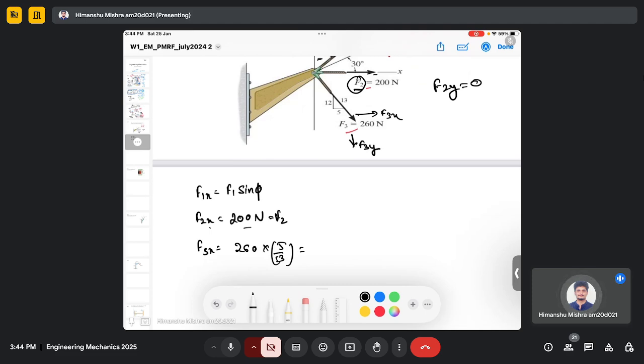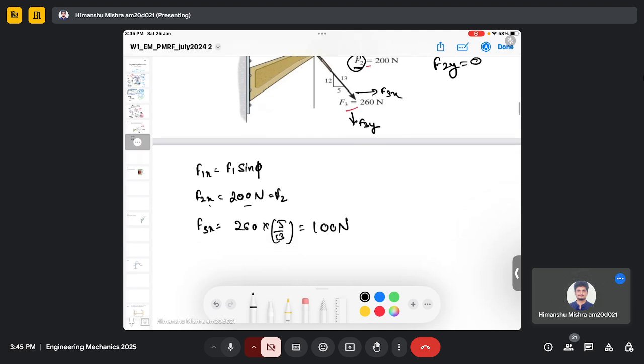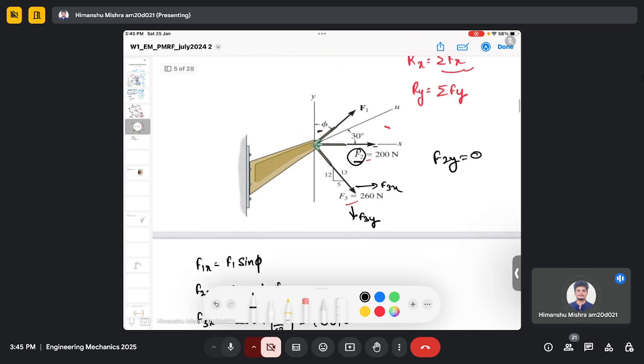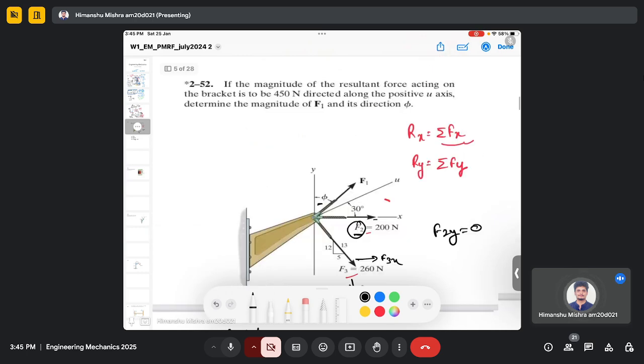On calculating this you will get 100 Newton, right?